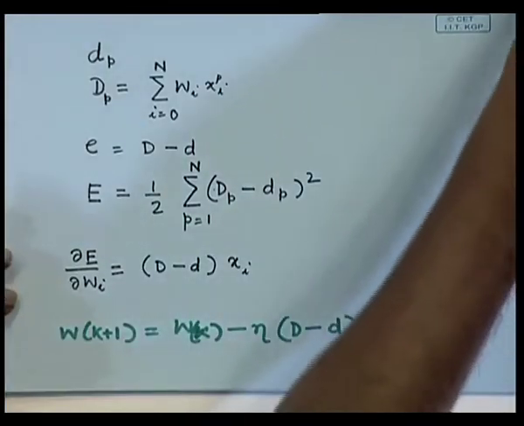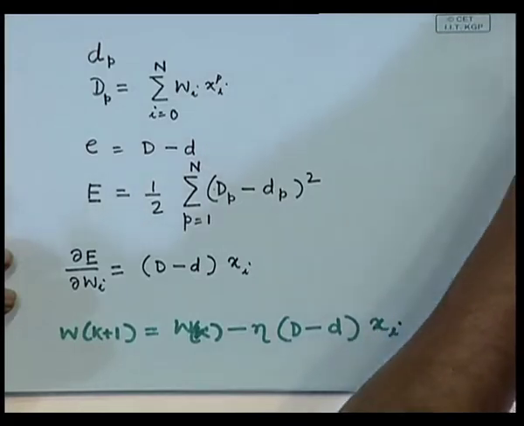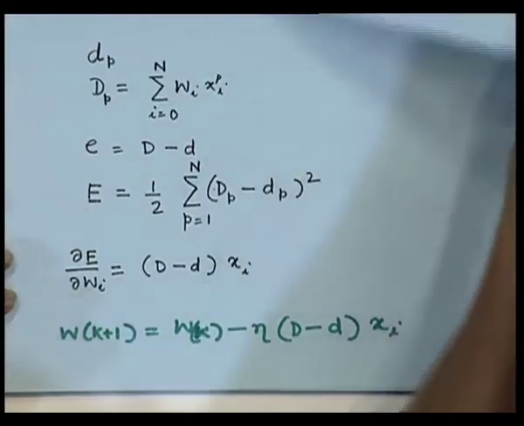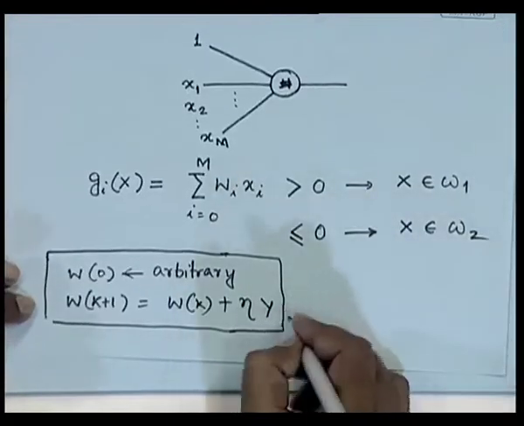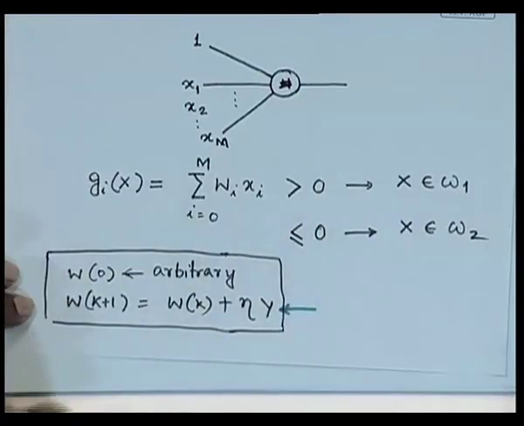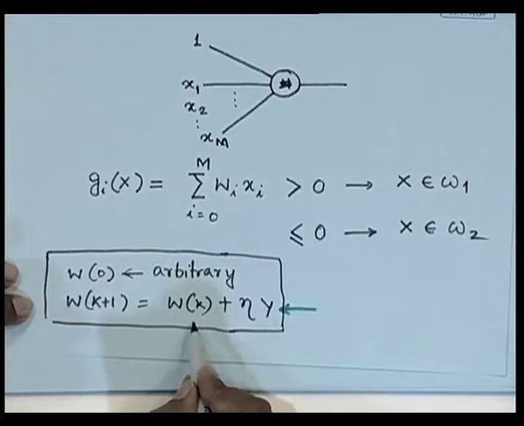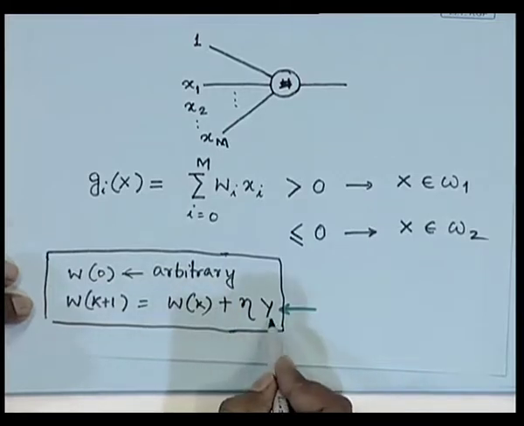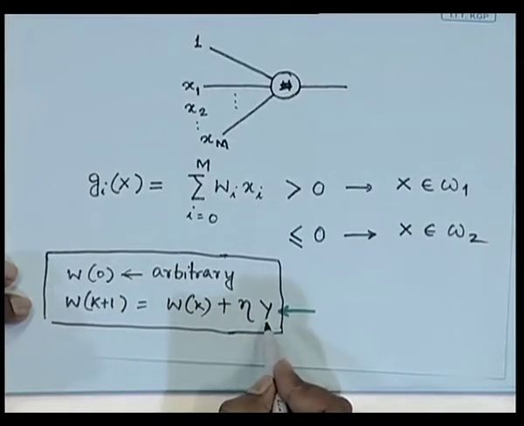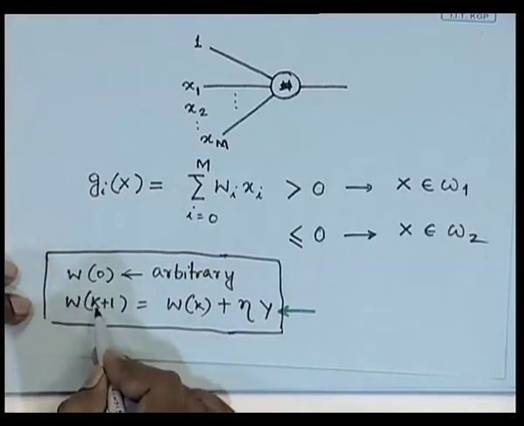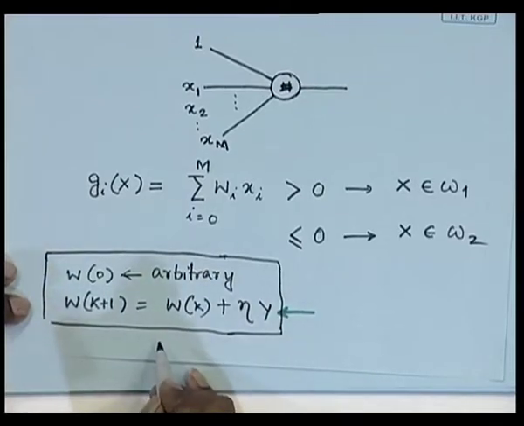You find the difference from the perceptron criteria. In the perceptron criteria, our weight updation rule was w_k plus 1 is equal to w_k plus eta times y, where y is the vector. So the entire weight vector was being modified simultaneously.